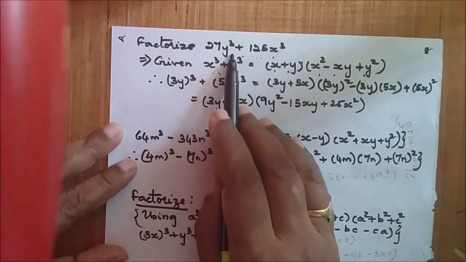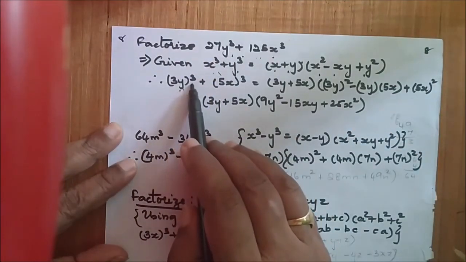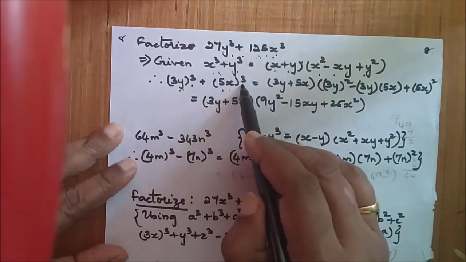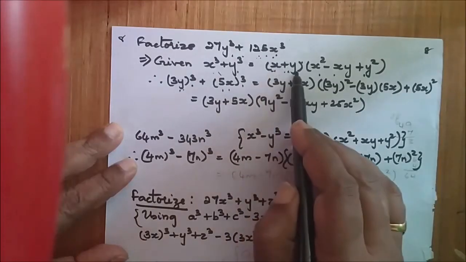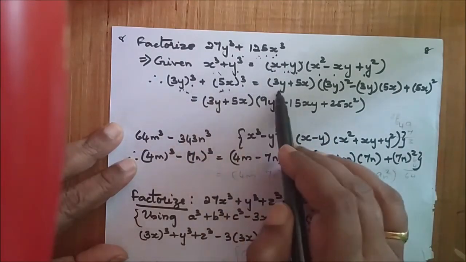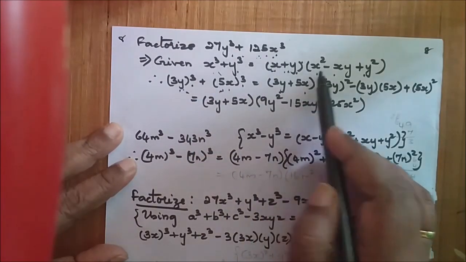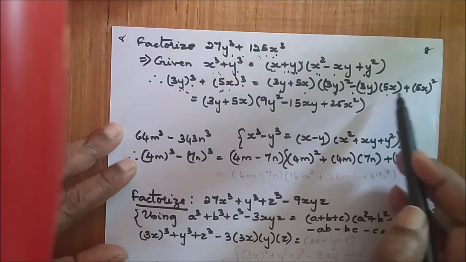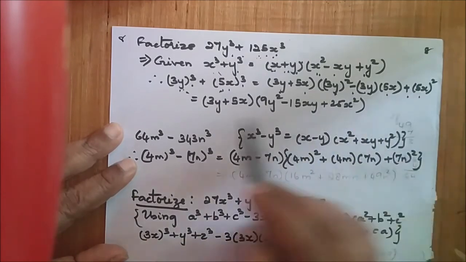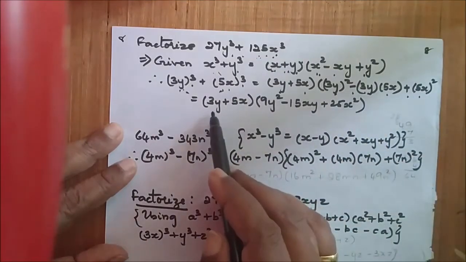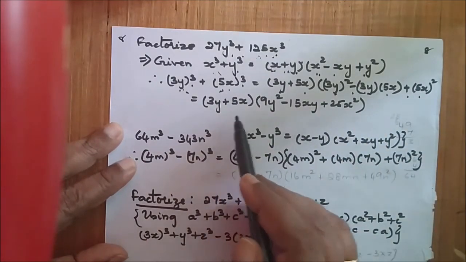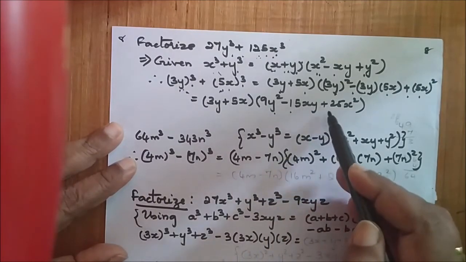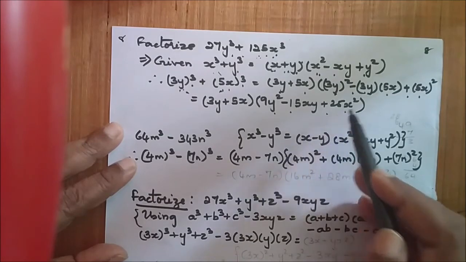So 27y cubed is nothing but 3y the whole cubed and 125x cubed is nothing but 5x the whole cube. So it is 3y plus 5x into 3y squared minus 3y into 5x plus 5x squared. So when I solve the problem, I get 3y plus 5x into 9y squared minus 15xy plus 25x squared.